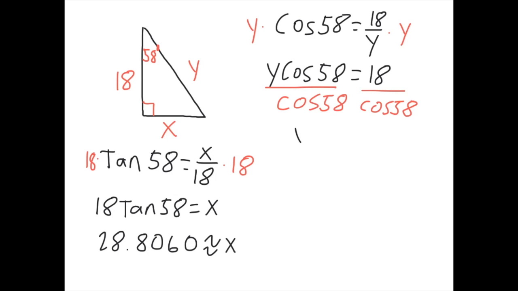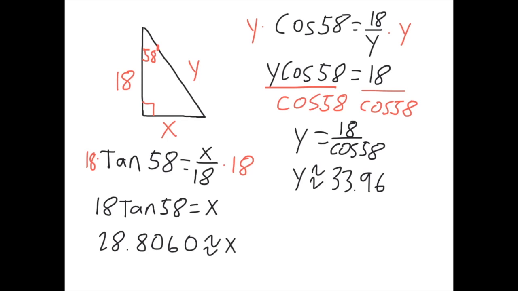And we'll get y equals 18 divided by the cosine of 58, and then on your calculator you find 18 divided by the cosine of 58, which to 4 decimal places is 33.9674. And then we have our two sides.